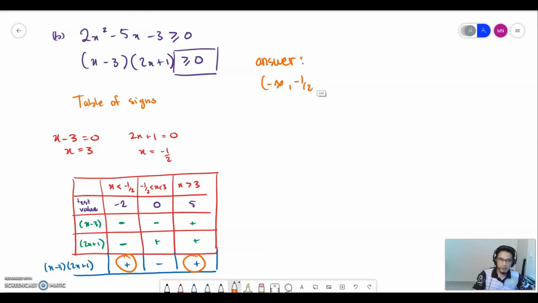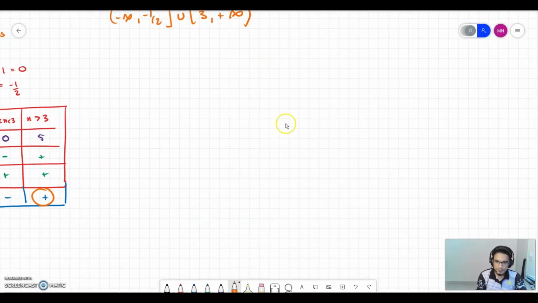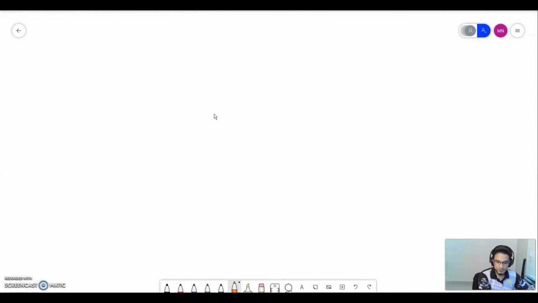Sorry, negative 1 over 2 must be closed with a square bracket because the inequality sign is bigger than or equal to. And union 3 until positive infinity. That is our answer by using the table of signs. Now let's move on to solve the same question by using a real number line.